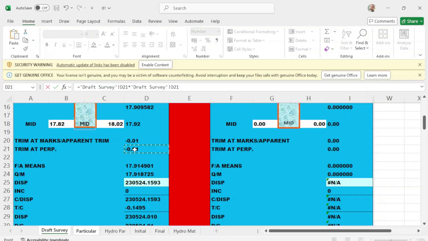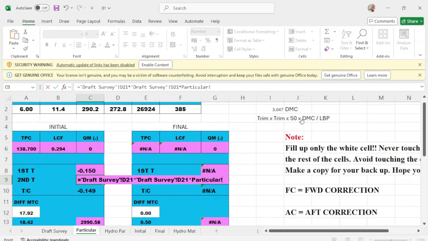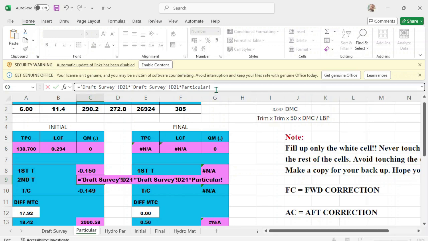Times what did it say? 50. So trim times 50 times DMC. You go down, which is this one.